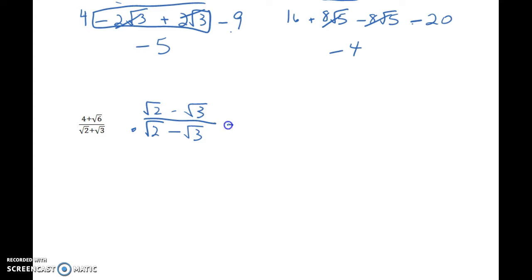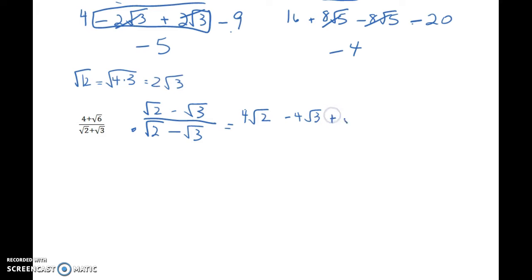Foiling it out, 4 times root 2 gives us 4 root 2. 4 times negative root 3 is negative 4 root 3. Root 6 times root 2, well, remember 6 times 2 is 12, so the square root of 12 is the same as the square root of 4 times 3, which is 2 root 3.